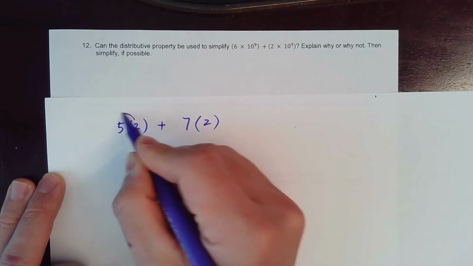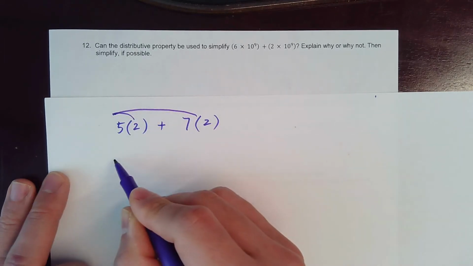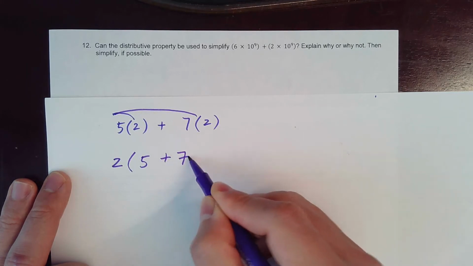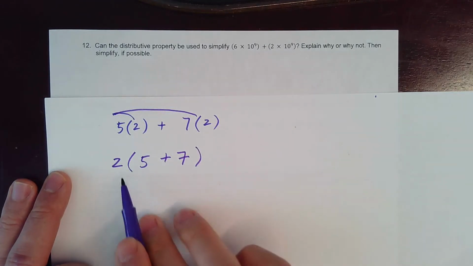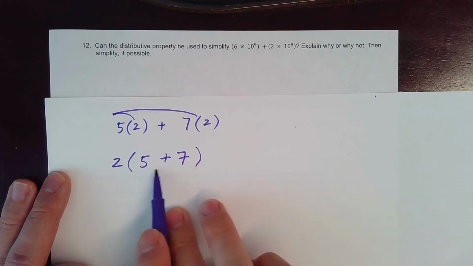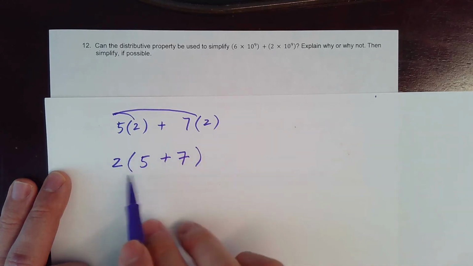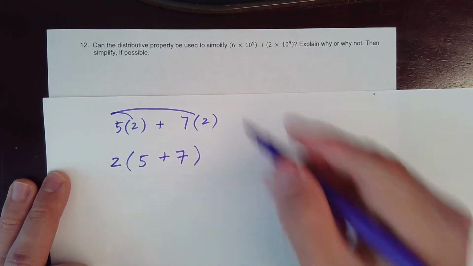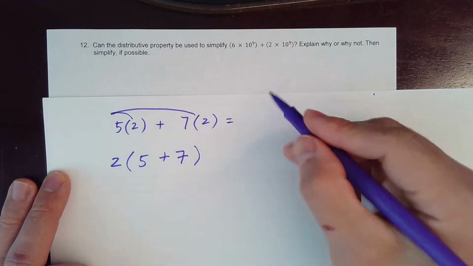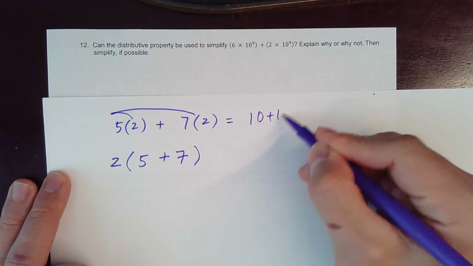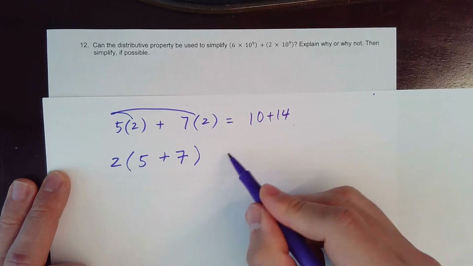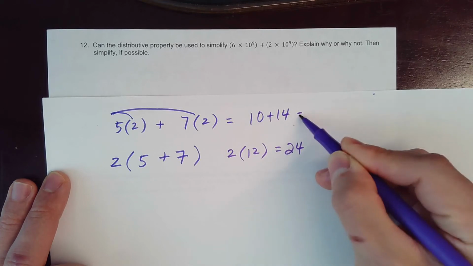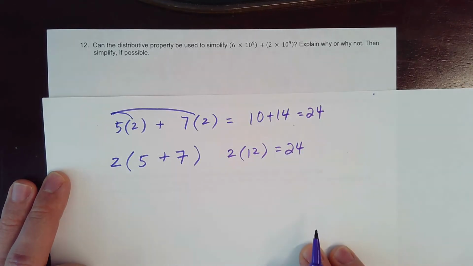So if I were to pull the 2 out from both terms, I would get 2 times the group of 5 plus 7, which essentially gives me 2 times 5 and 2 times 7, right? Now, this would give me 10 plus 14. This gives me 2 times 12, which is also the same exact sum, right?